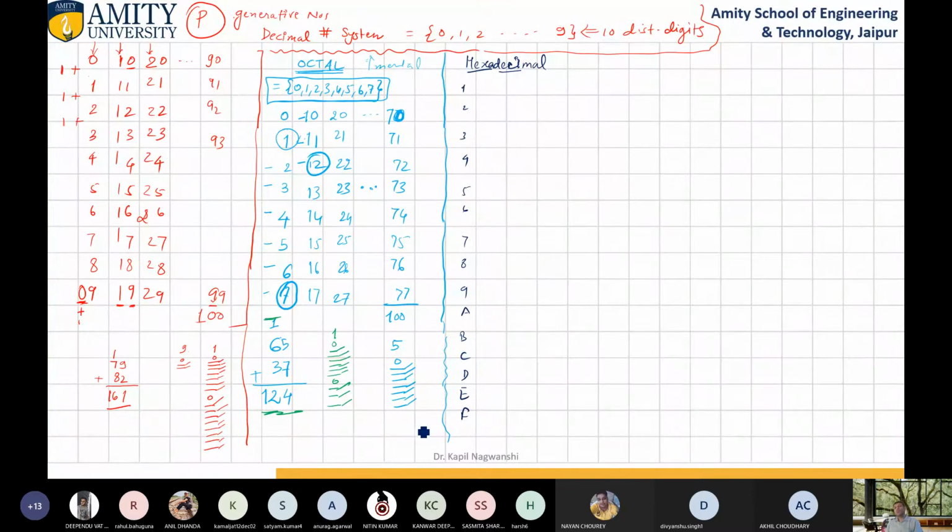So these are 16 numbers in total if we start from 0: 0, 1, 2, 3, 4, 5, 6, 7, 8, 9, A, B, C, D, E, F.